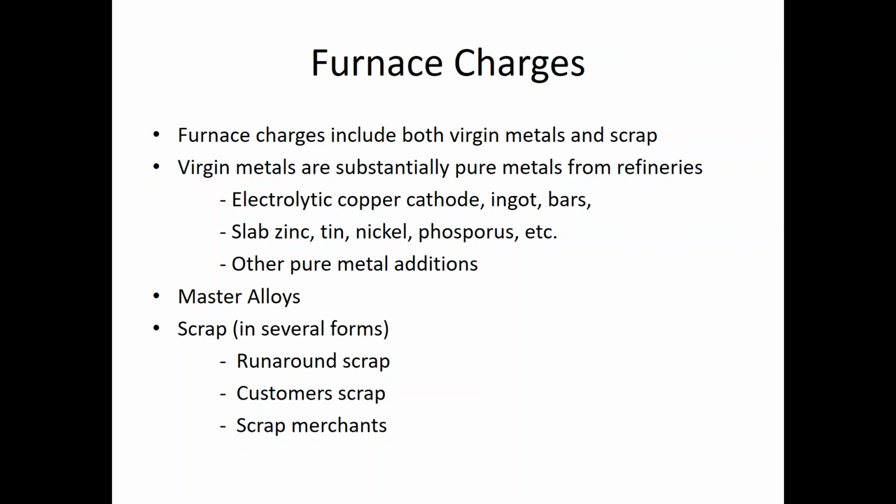People have been putting manganese in. There are a few alloys with silicon, with manganese, magnesium. So there are many things that can be added. Many of these other metal additions are made by master alloys.